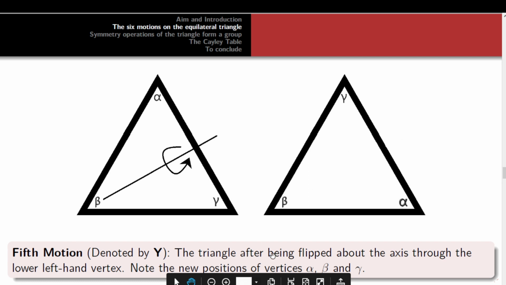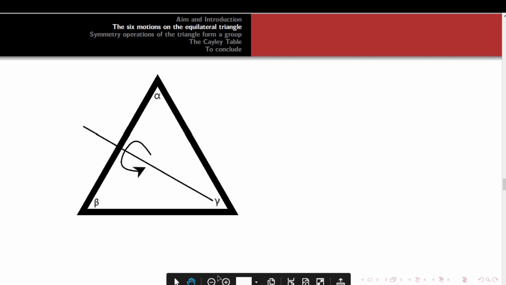The triangle, after being flipped about the axis through the lower left hand vertex. So beta was the lower left hand vertex, and we have noted the new positions of vertices alpha, beta, and gamma. So that's an end to the fifth motion. It is denoted by capital Y. And the next motion is by forming the line from the bottom right vertex to the opposite side, the perpendicular, and treating it as an axis.